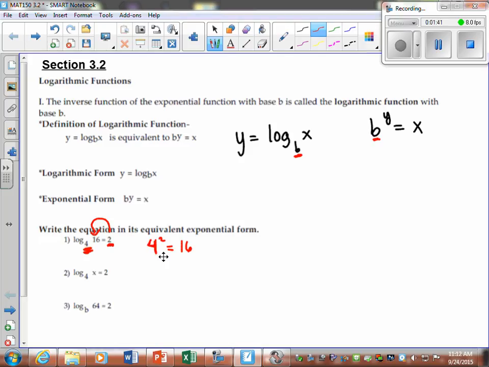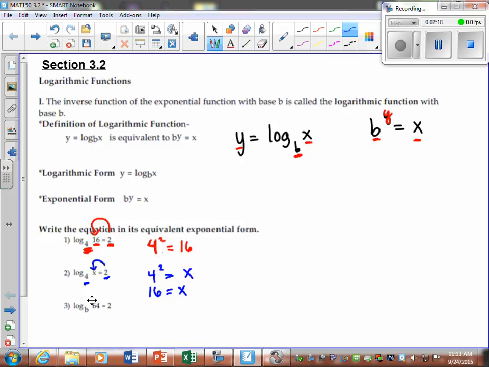It's the y. And the 16 represents the x. For those who prefer the pattern style, it's 4 raised to that equals this. So you would get 4 squared is equal to x, and we can answer that: 16 is equal to x.